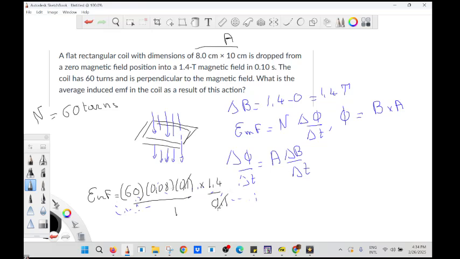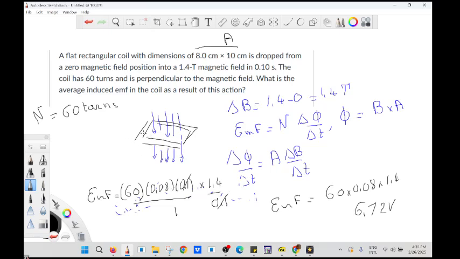So that cancels out. So EMF equals 60 times 0.08 times 1.4, and you get 6.72 volts.